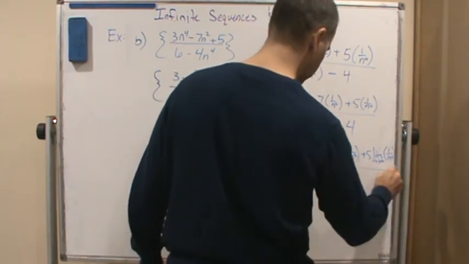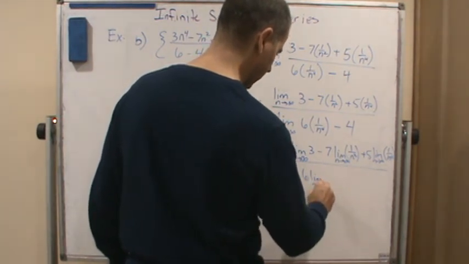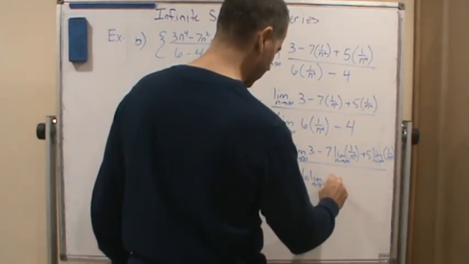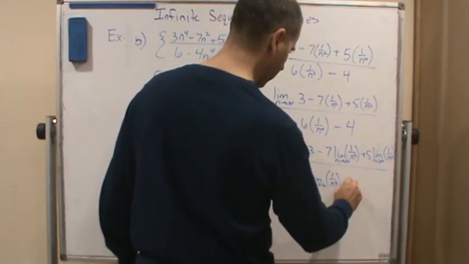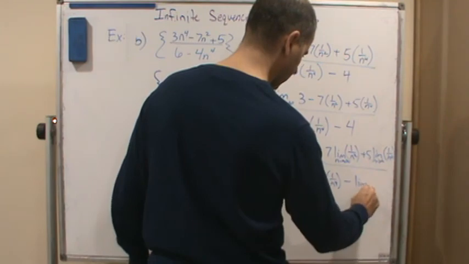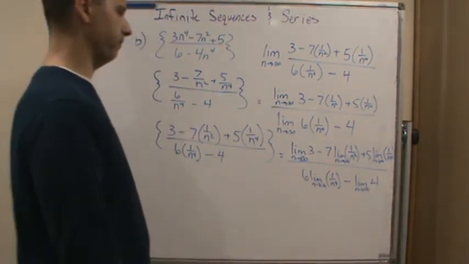And then similarly on the bottom we have 6 times the limit as n approaches infinity of 1 over n to the 4th minus the limit as n approaches infinity of 4.